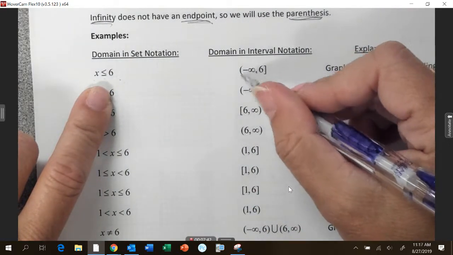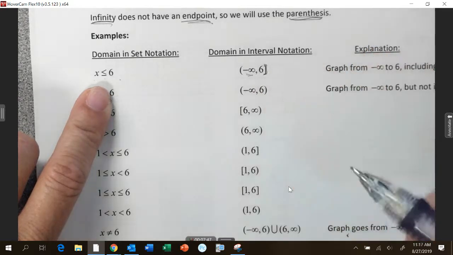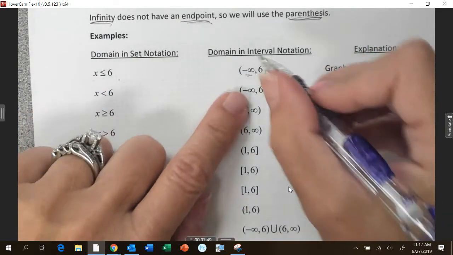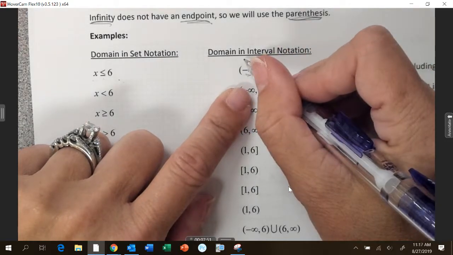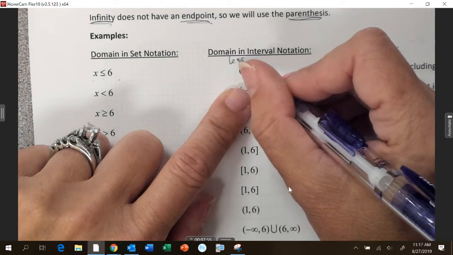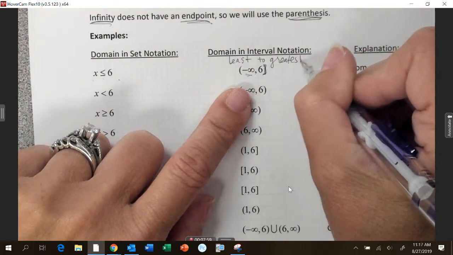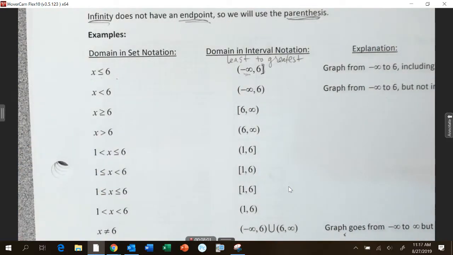So here I start at -infinity and I go to 6 and I have a bracket because it can equal 6. Interval notation always goes smallest to greatest, least to greatest. Where set notation is usually talking about the variable first.